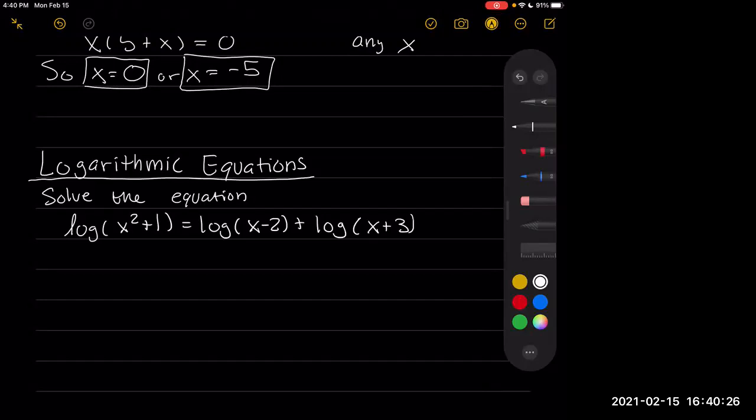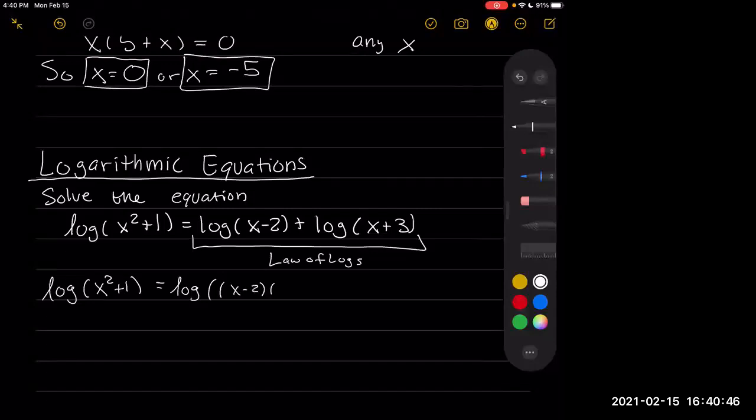So our first step is going to be using the laws of logs here. So we're going to end up with log of (x squared plus 1) equals log of (x minus 2) times (x plus 3).